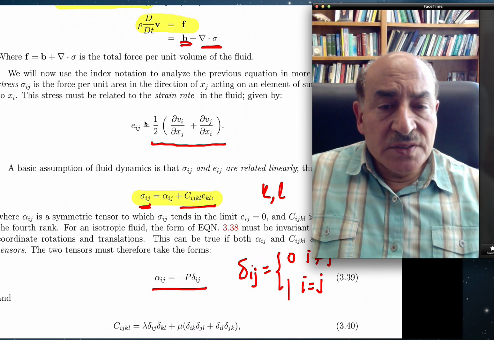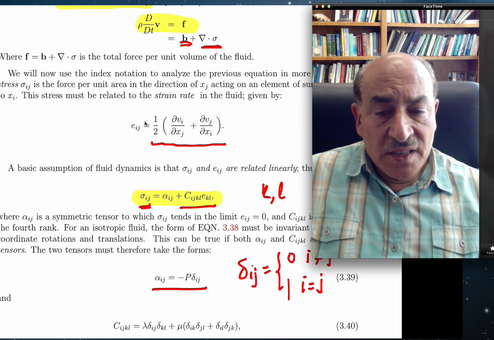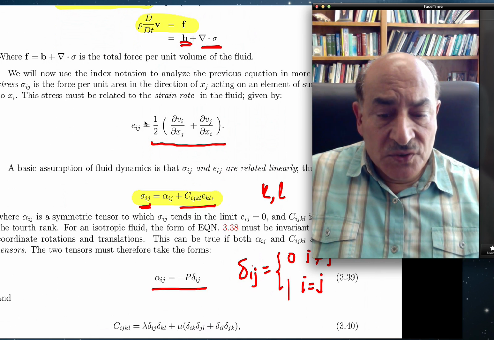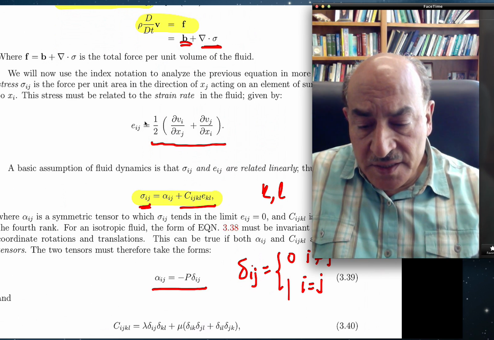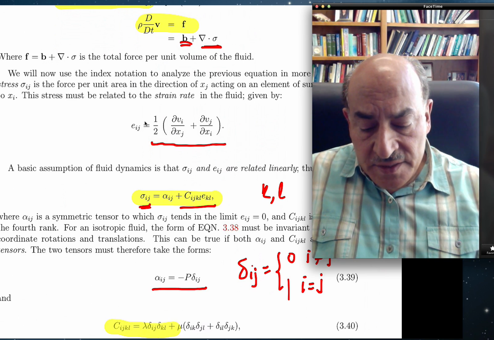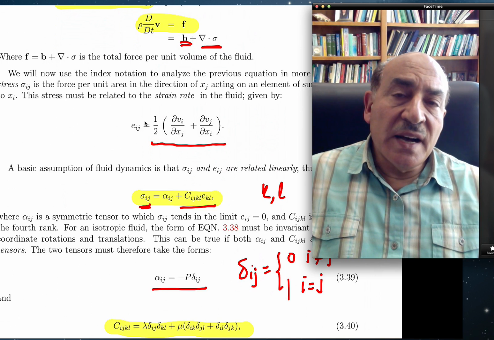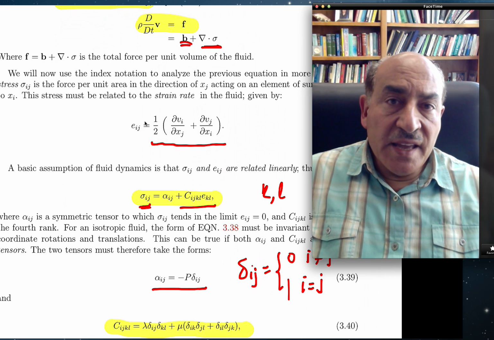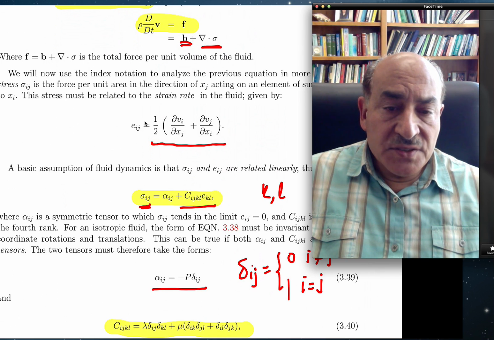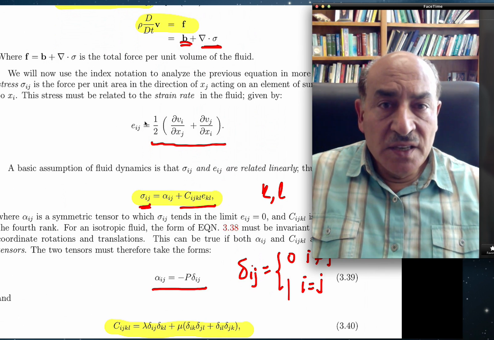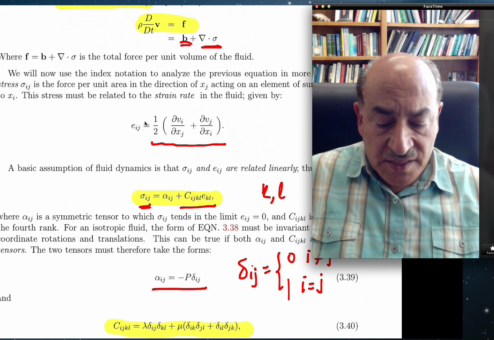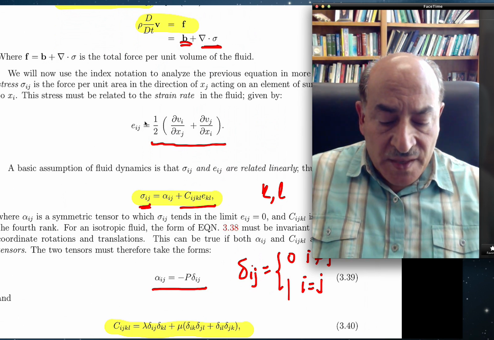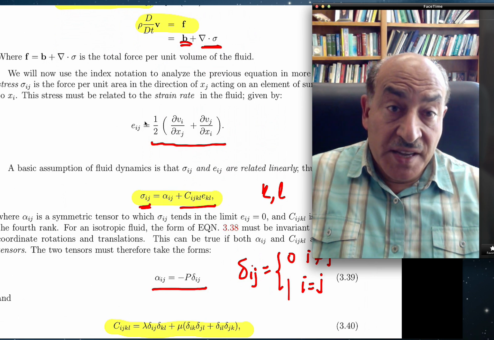And also the Cijkl has to be an isotropic tensor, and the isotropic tensor in fourth order is expressed, as you can see here, as a lambda times delta ij times delta kl. So this is the isotropic nature of fourth order tensor, plus mu times these combinations, delta ik delta jl, plus delta il delta jk.